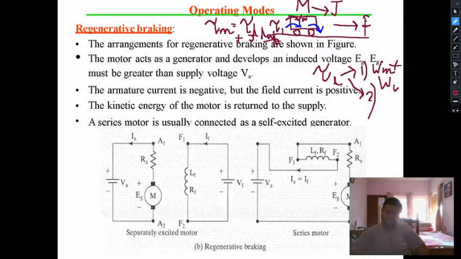Load will always oppose the motion, right? So the weight will always oppose the motion. That is very true. So what else will oppose the motion? The frictional torque will oppose the motion, right? Number 3, what else can be opposing? When it is moving forward, the wind is flowing in the opposite direction. So the windage torque will be there, which will oppose the motion.